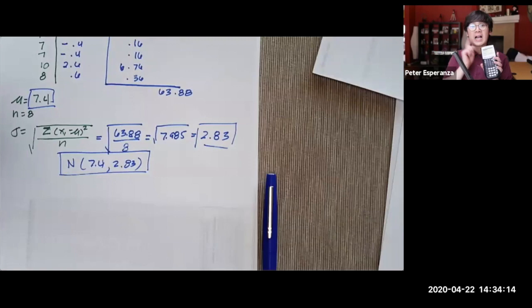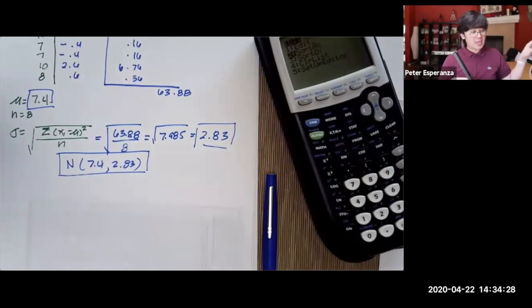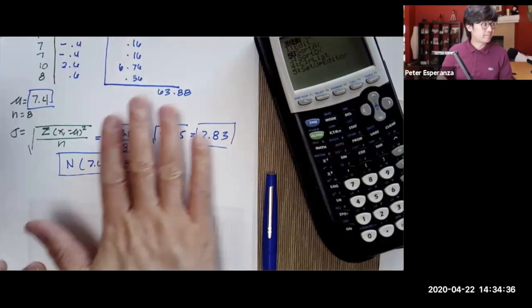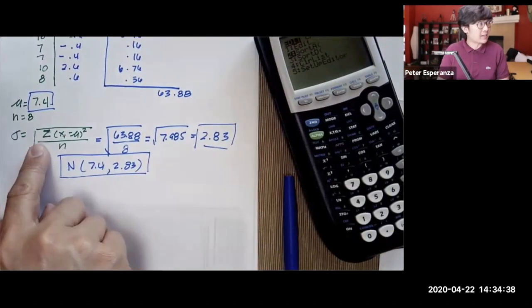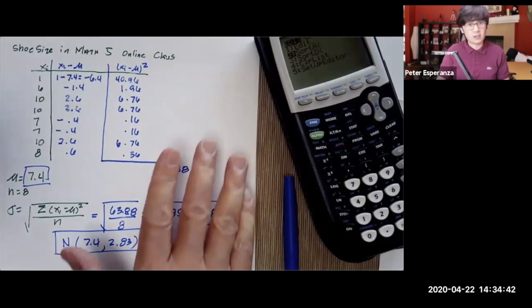If you give your calculator the wrong information or the wrong value, it will not help you no matter how powerful your calculator is. You can be using a powerful calculator like this or just your cell phone. It doesn't matter if you don't know how to use it. So that's your goal for this week, making sure that you are using and understanding the crazy formula of the standard deviation and calculating for all of these.